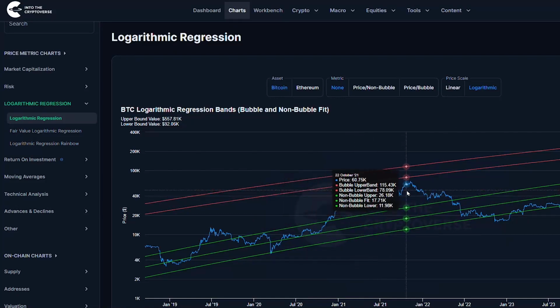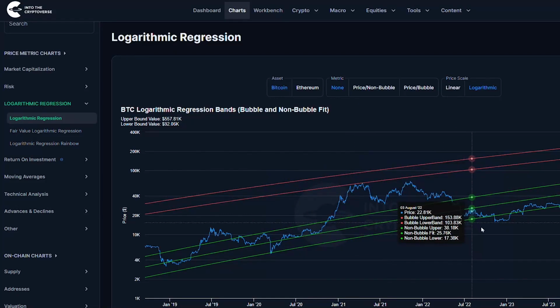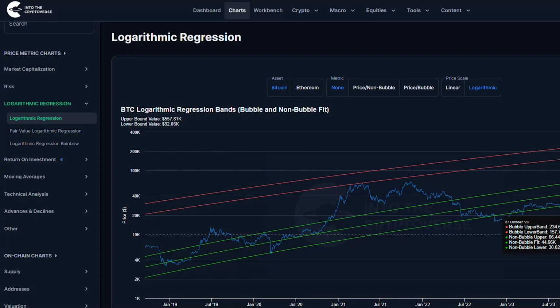So this way you can dynamically DCA in and out of the market and maximize your returns.